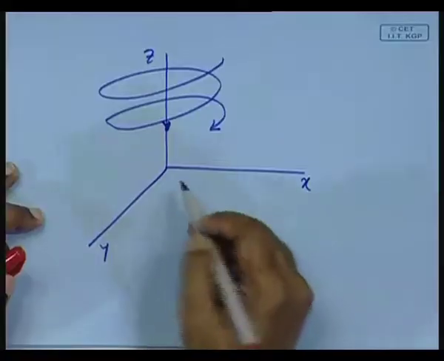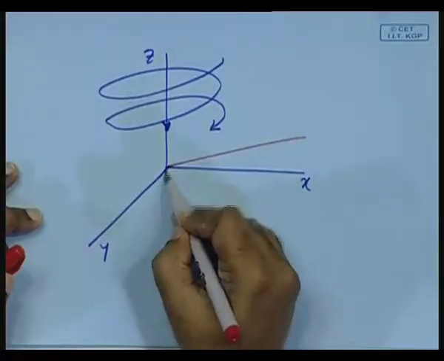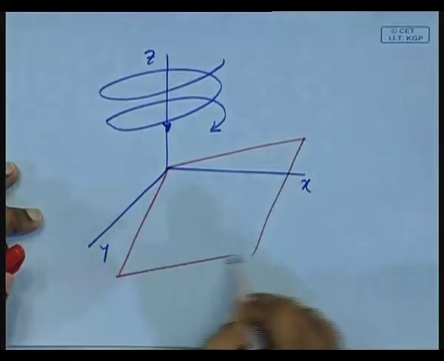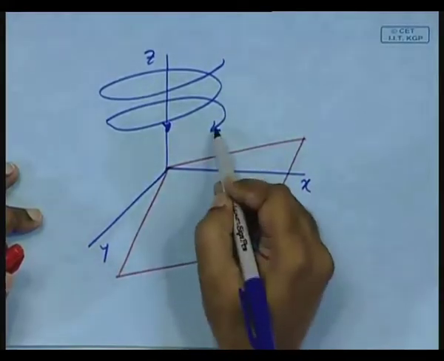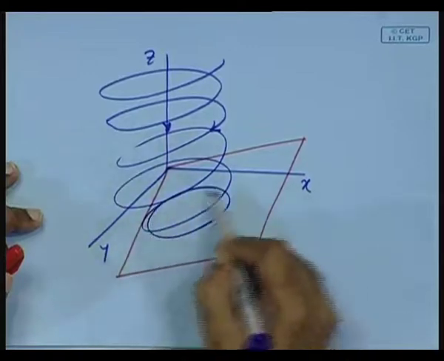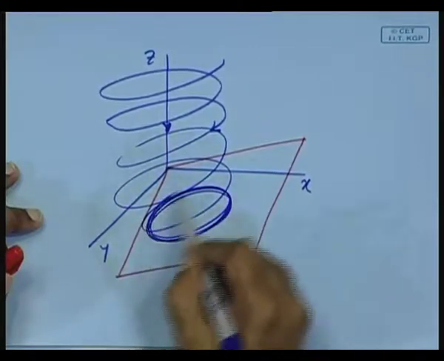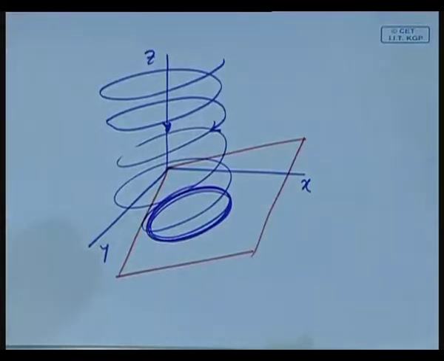So, imagine that if this is the inclined plane, then finally it goes like this. Is that clear? Clear, digested?